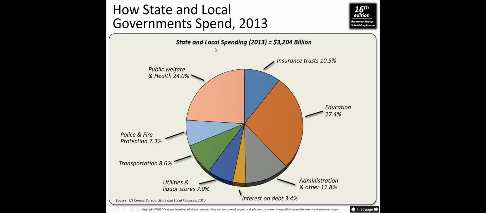When we look at the state and local spending, we see that education is the highest component, 27.4%, and then public welfare and health, 24%, and then also state government pays interest on debt, and we have administration and other spending and insurance trust, 10.5%.